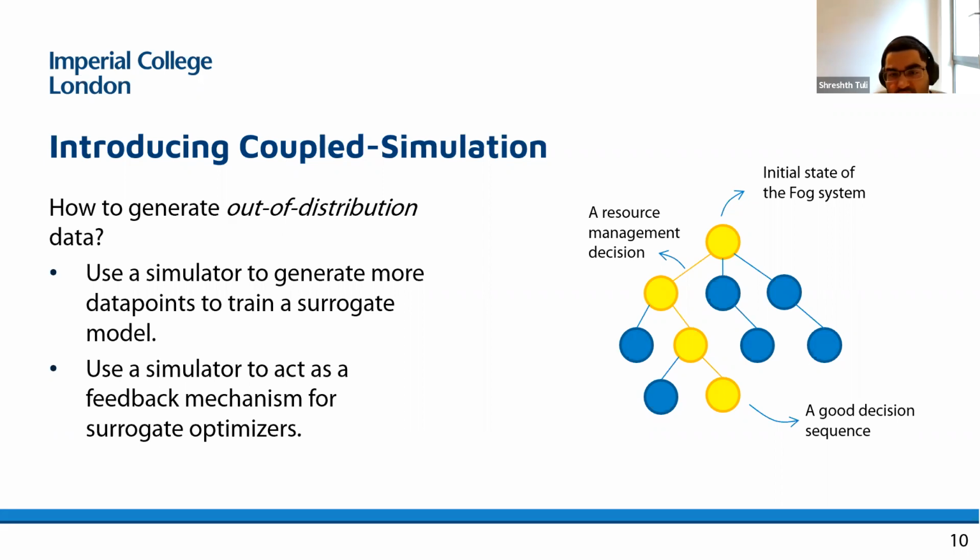And specifically, coupled simulation has shown to be promising here, allowing us to run a simulator in the background with the scheduling algorithms to facilitate decision making and inject this additional information regarding the system behavior within the surrogate optimization methods.